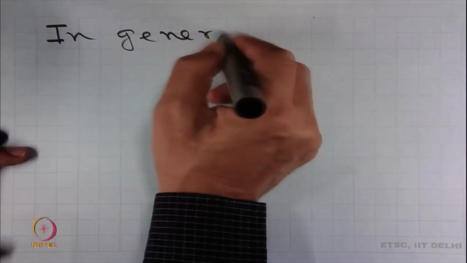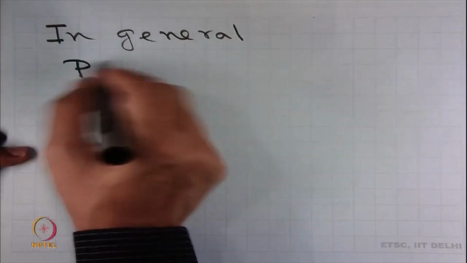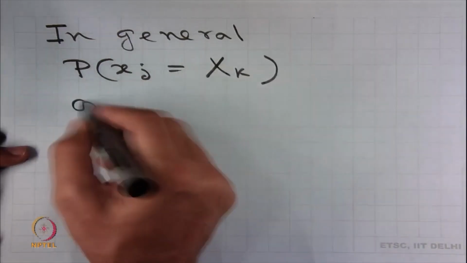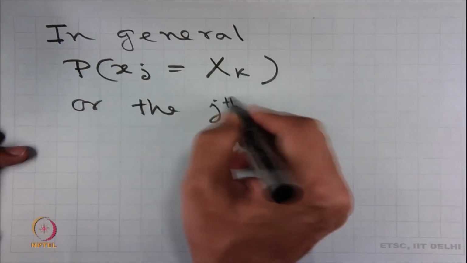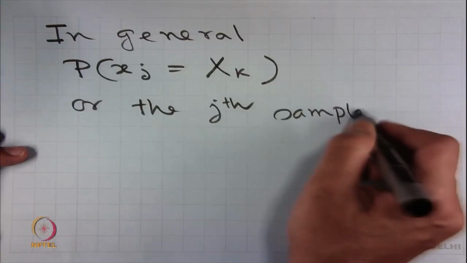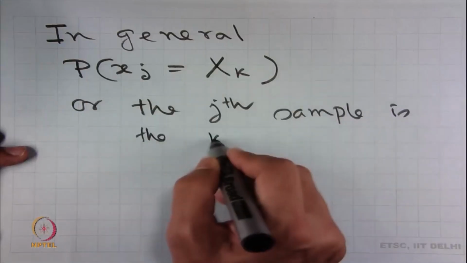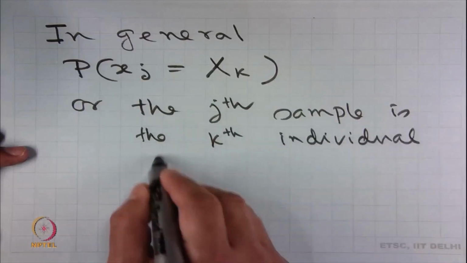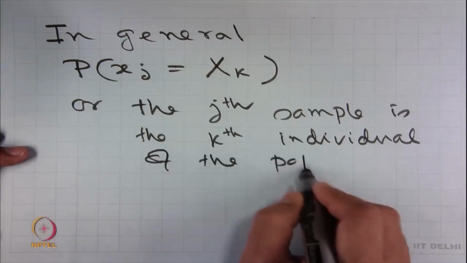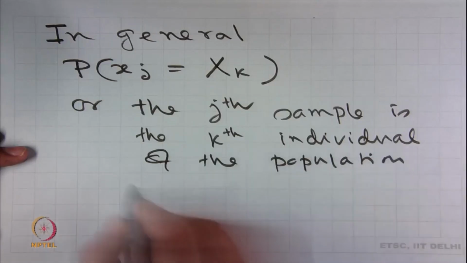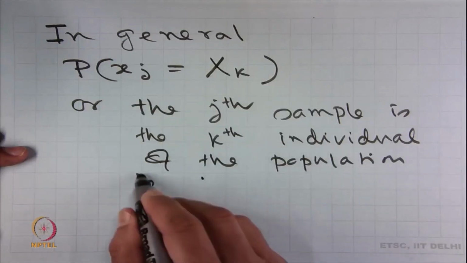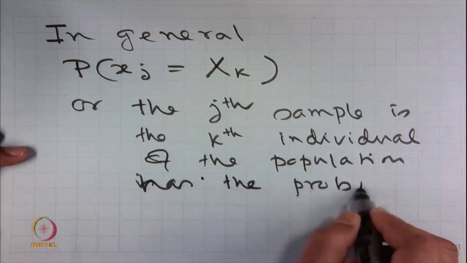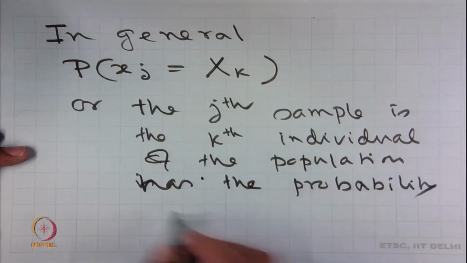In general, the probability that x j is equal to x k, or the jth sample is the kth individual of the population, has the probability one by n.